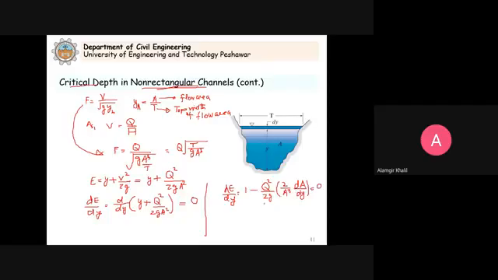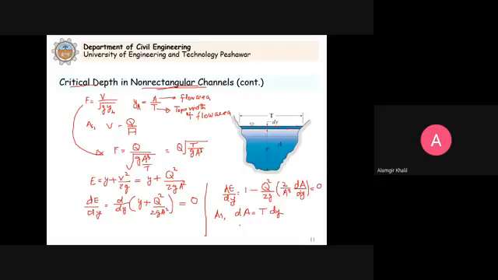Now what is dA? In here this is dA, and this will be equal to T times dy. Clear?